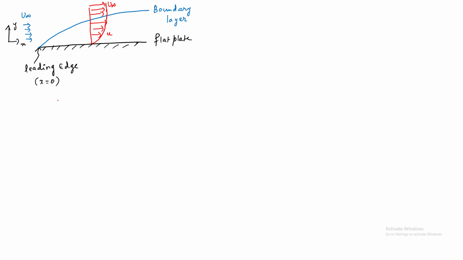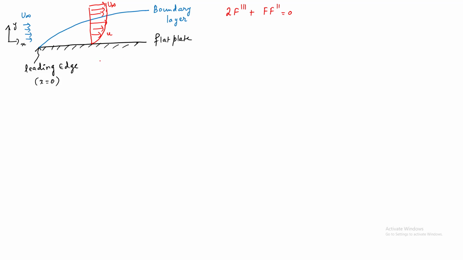We have been asked to consider the Blasius solution for this question, so let's write the Blasius equation: f triple dash plus f f double dash equal to 0. Here we use a similarity solution.